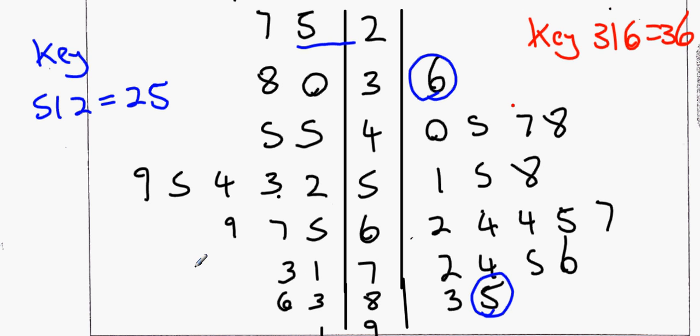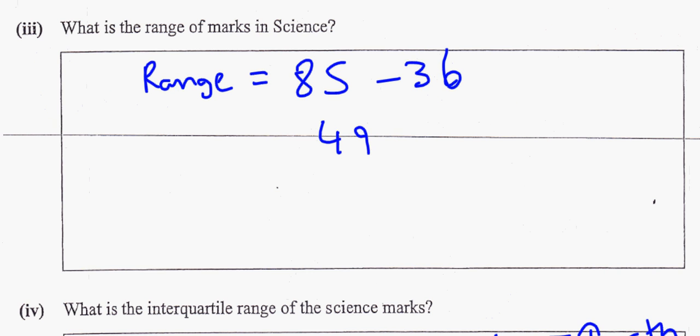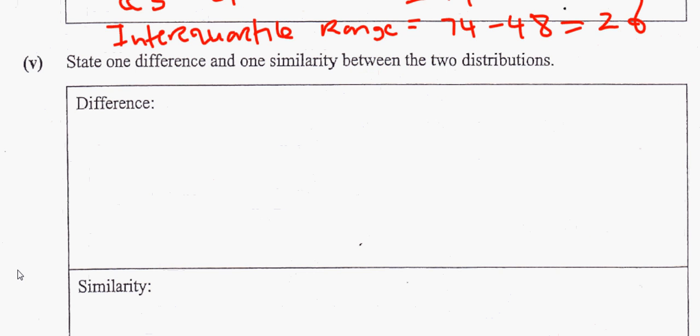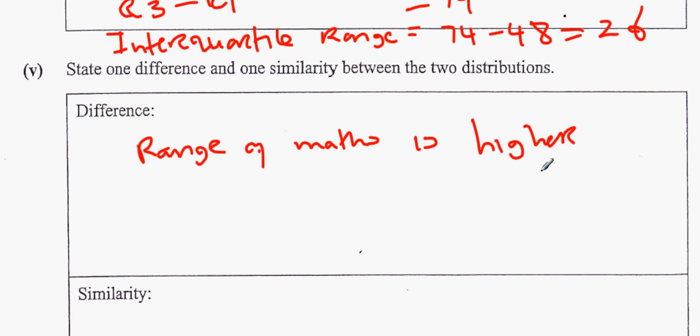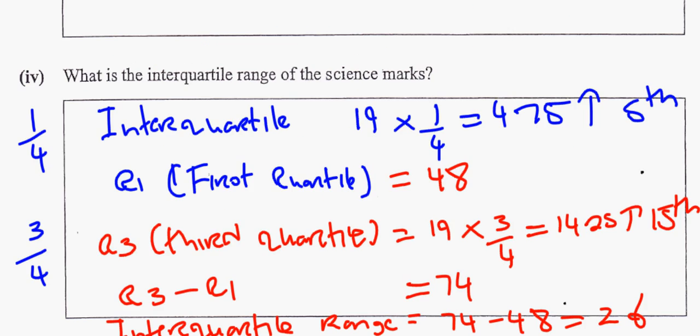So for the difference, we put down that the range of maths is higher. It's more distributed. The range of maths would be 91 minus 25, and that gives you 66.